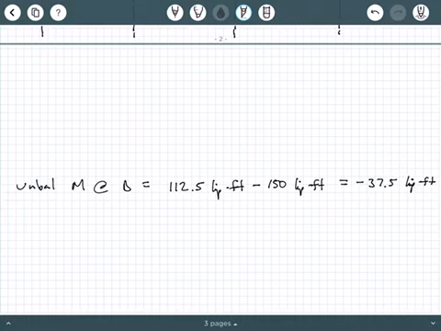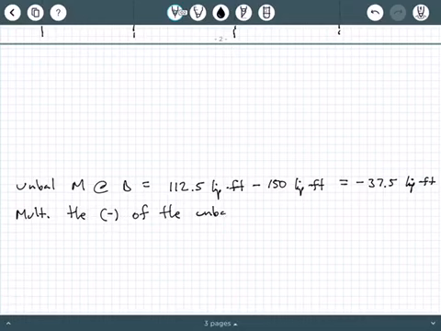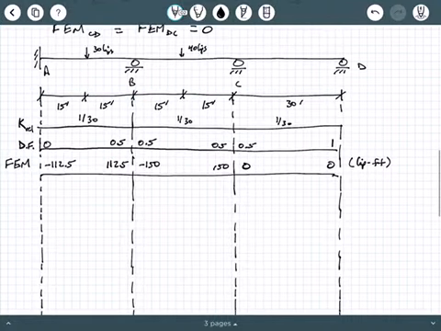That is the unbalanced moment at B. Okay, now what we do is we multiply the negative of the unbalanced moment by the distribution factor at B, or the distribution factor BA, okay? So we're going to multiply it by the distribution factor BA.